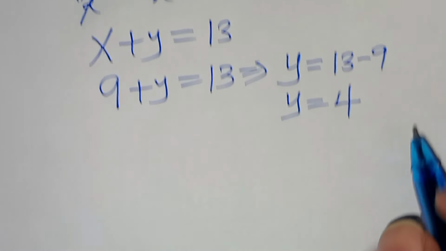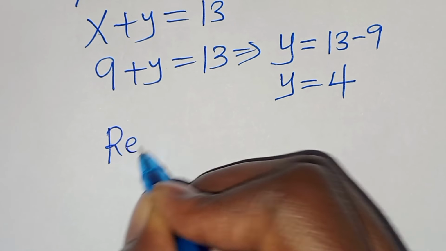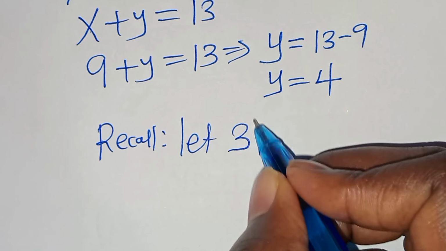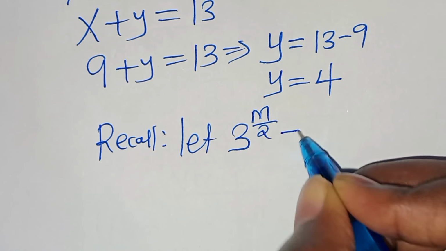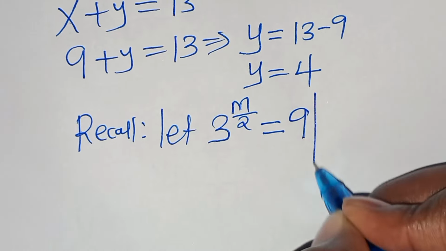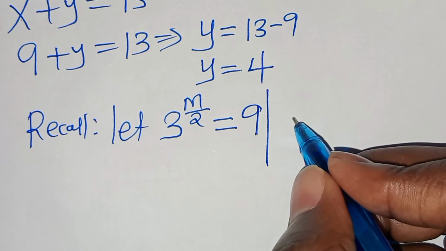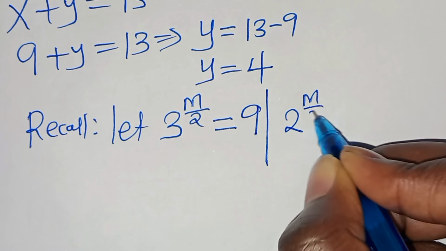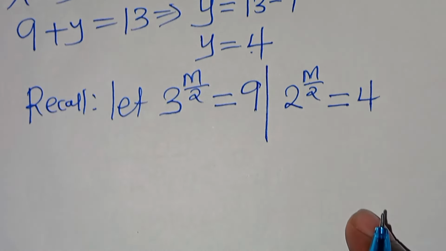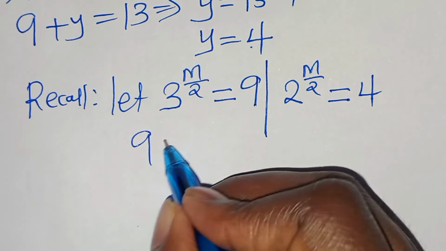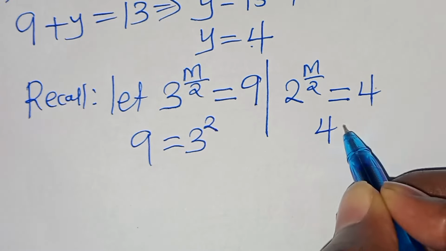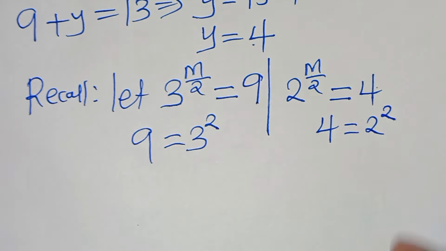So in this case, again, if you recall, we are saying that 3 raised to the power of m over 2 is equal to x, where x is equal to 9, and 2 to the power of m over 2 is equal to y, which is equal to 4. So we can express 9 as 3 to the power of 2, and 4 as 2 to the power of 2.